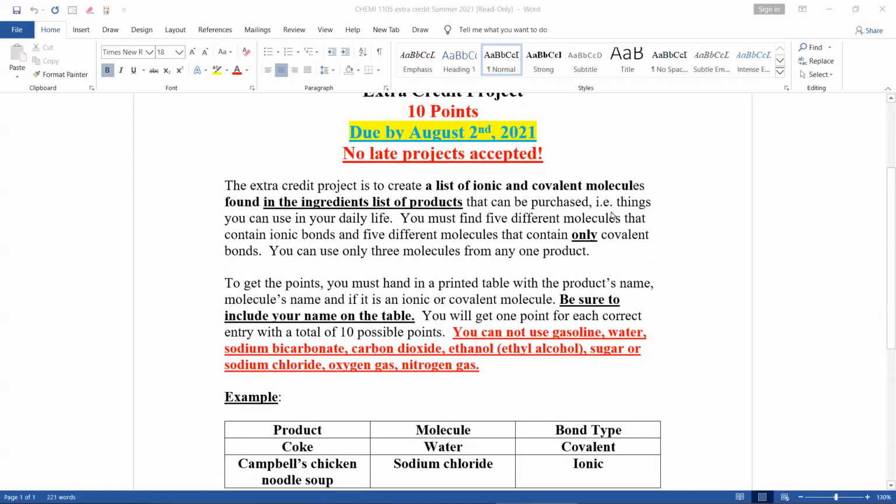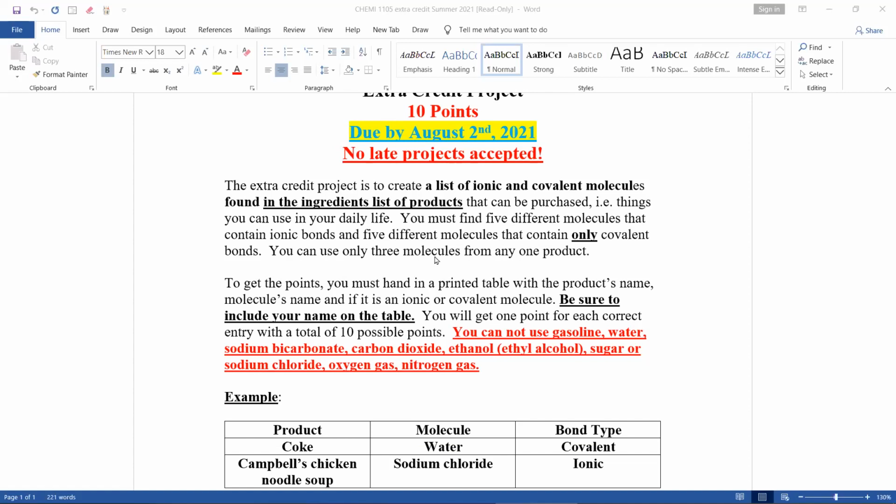The extra credit project is to create a list of ionic and covalent molecules that are found, and this is very important, in the ingredients label of products that you can purchase, that means things you can use in your daily life or buy in any local store, or even not a local store. You must have 5 different molecules that contain ionic bonds, at least one, and 5 different molecules that contain only covalent bonds.